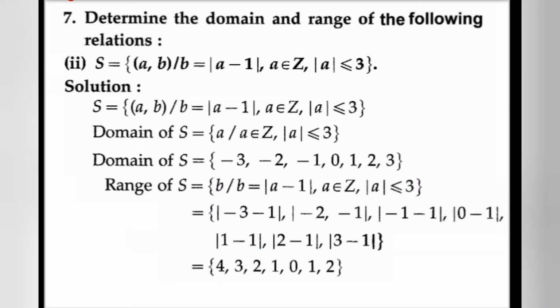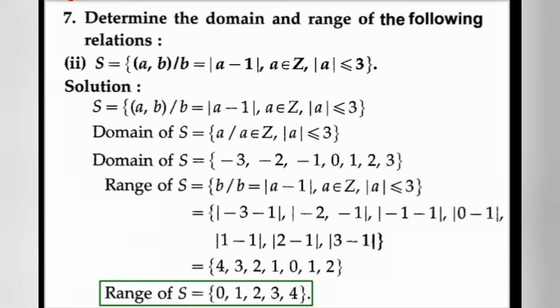That is the set of 4, 3, 2, 1, 0, 1, 2, which is the set of 0, 1, 2, 3, 4.